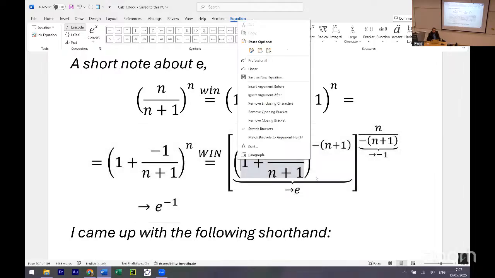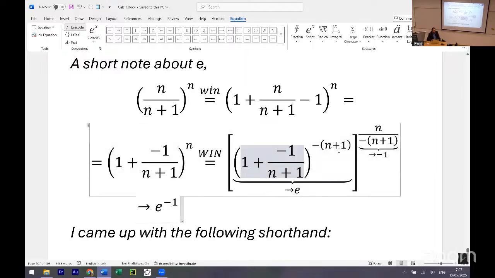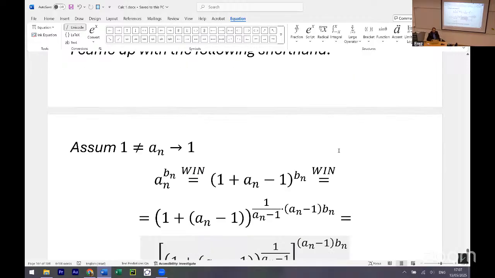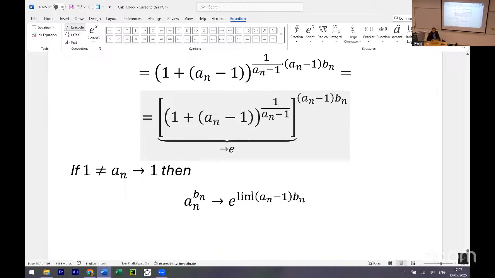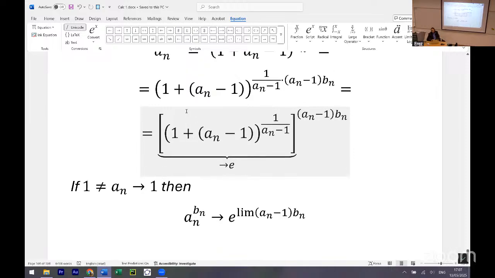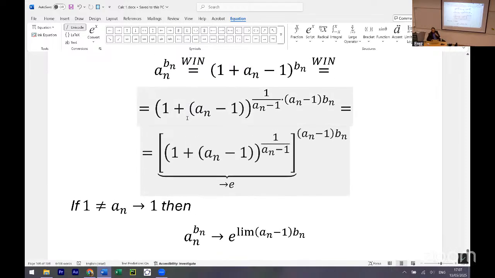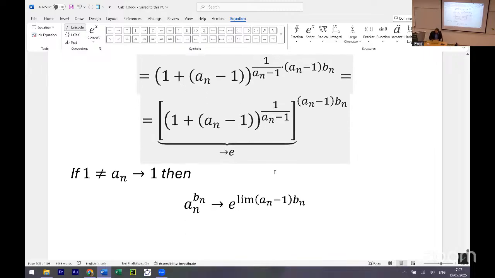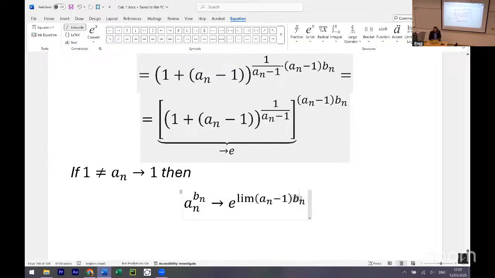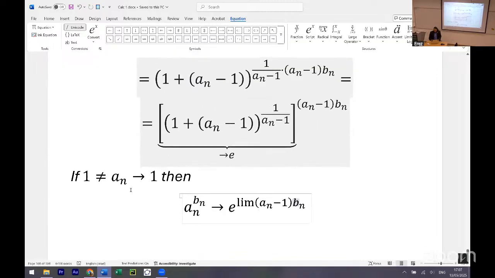So you can choose. I prefer the shorthand rule, but I'm biased. You can do the long version on each problem from the start, or use the shorthand rule, which basically means I did it once for you and you can use it. This is for all an that tend to 1, and bn doesn't have to tend to anything in particular.